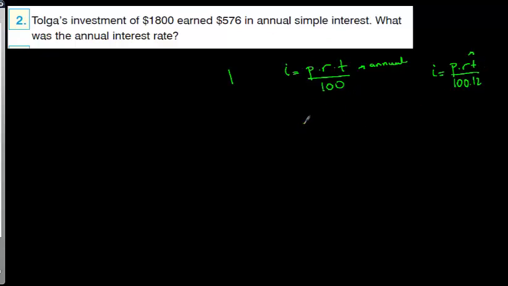Then it says that the total earned interest, 576, is equal to the principal investment he has in his hand, which is $1,800. It's asking for the interest rate.